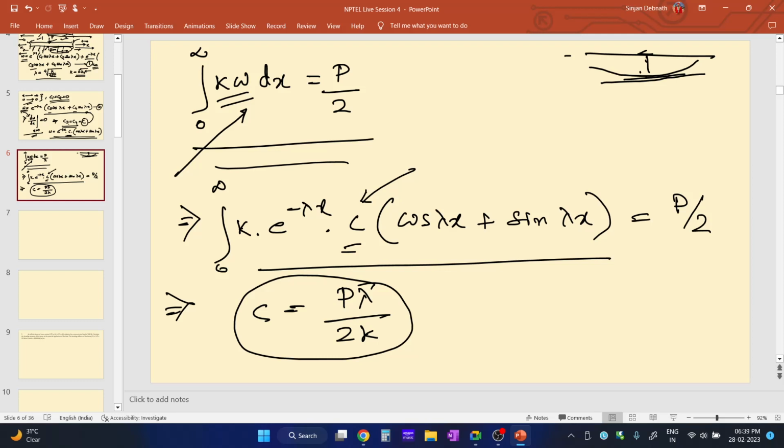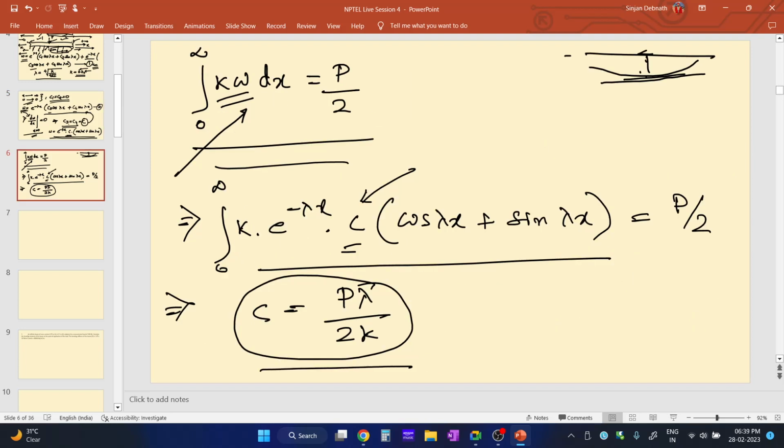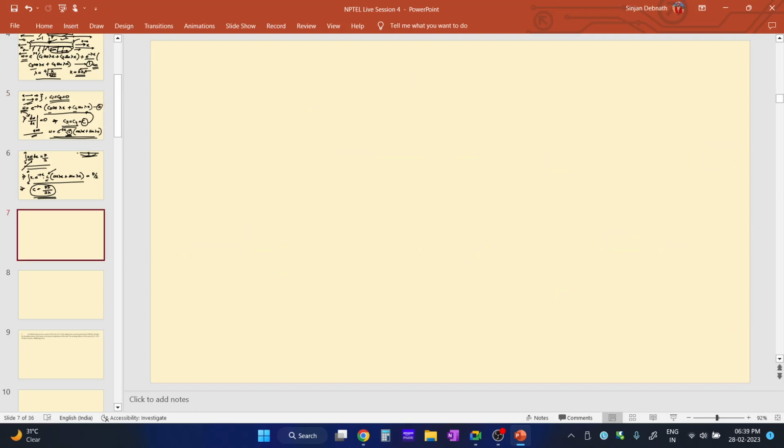Now let me put that into this equation. See, c is unknown. If we put the value of c into this equation, we will get the equation for w. So what will be the equation for w?